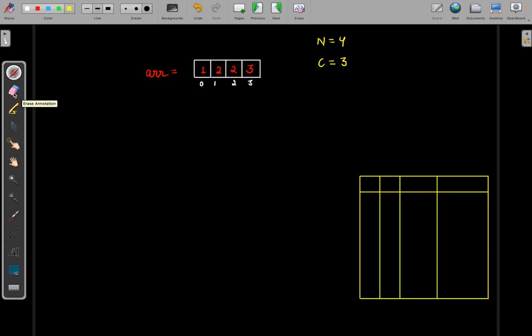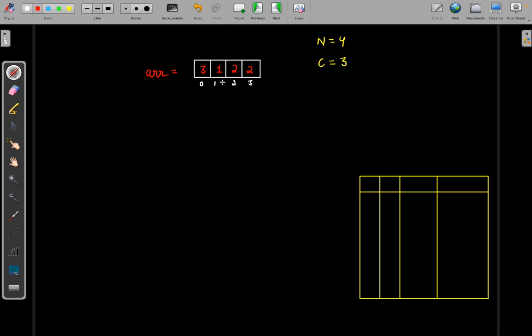First of all, let's take more arbitrary numbers. There is nothing mentioned in the problem statement that the array will be sorted, so it can be unsorted. Suppose I'm using some random numbers: 3, 1, 2, 2.